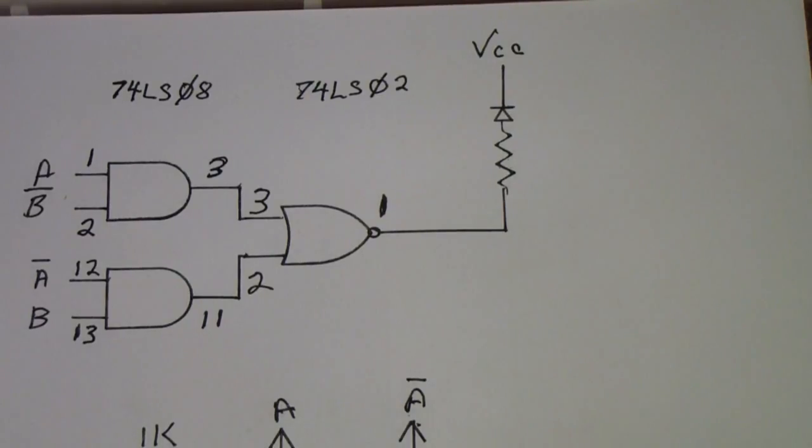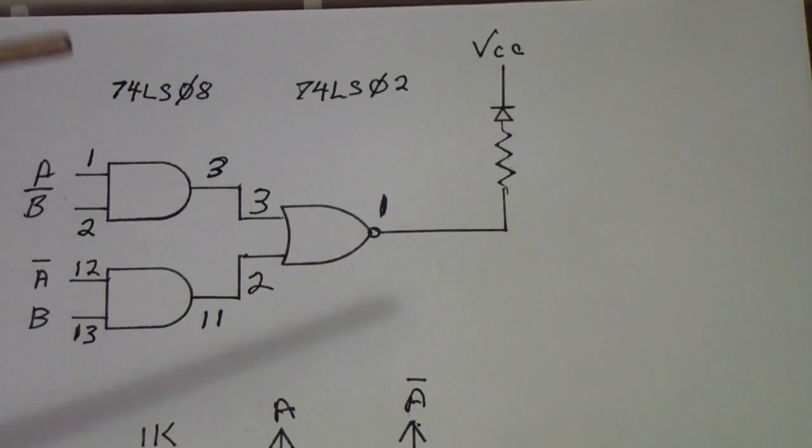This circuit, by the way, can also be purchased as an exclusive OR gate, and it's a very common circuit used in computers because it's also what is called a parity checker. I won't get into that, but in essence, the way that this is wired up, it is an even parity detector. In other words, it detects when one or the other of the inputs is a 1.